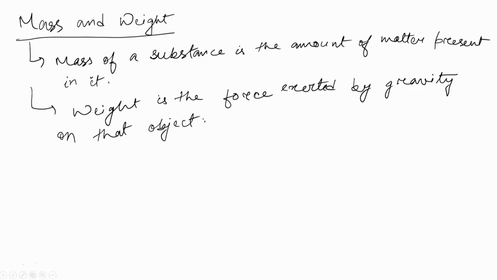Mass is written by small m. And if we talk about weight, let's say W is the weight, then it is written as mass multiplied by acceleration due to gravity.